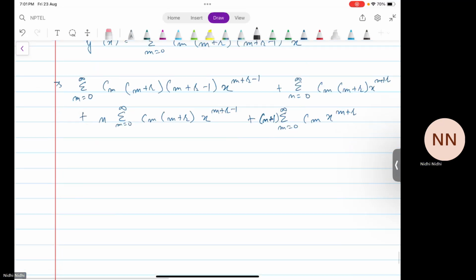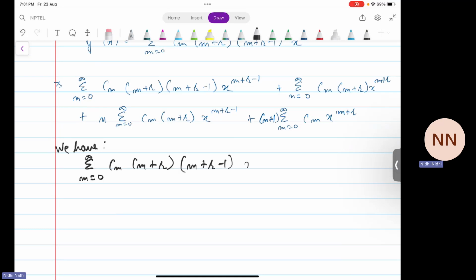So we have summation m from 0 to infinity Cm m plus r m plus r minus 1 x to the power m plus r minus 1 is equal to, we'll take some other variable k to be m minus 1. So k would be from minus 1 to infinity.